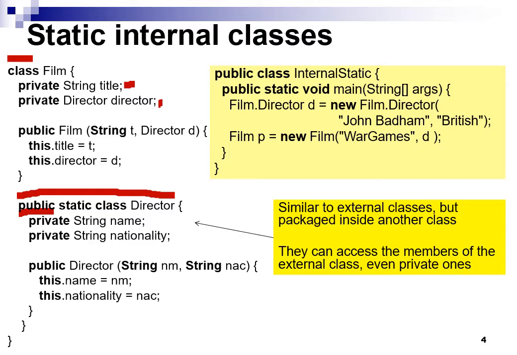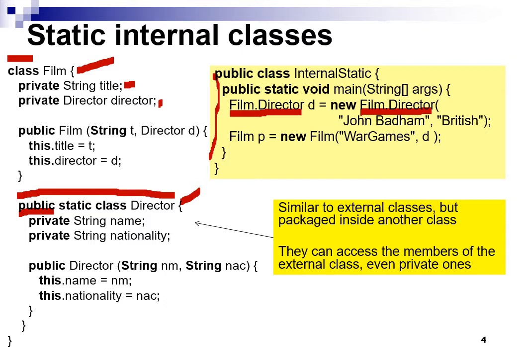For example, in this main here, I can access Director, but I should use it in this way. The fully qualified name would be Film, which is the outer class, and then Director, which is the inner class. And for the type, I can use again the fully qualified name.